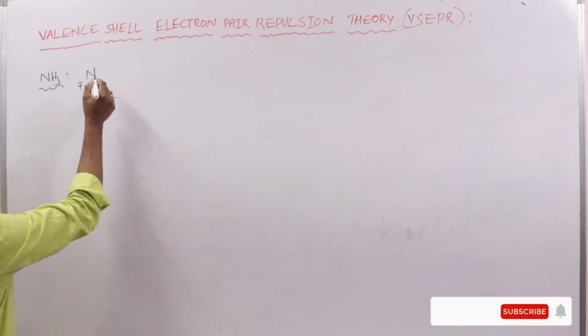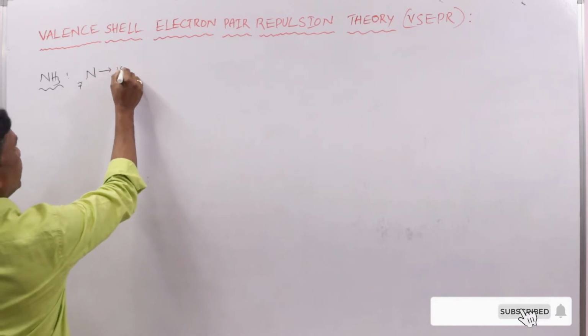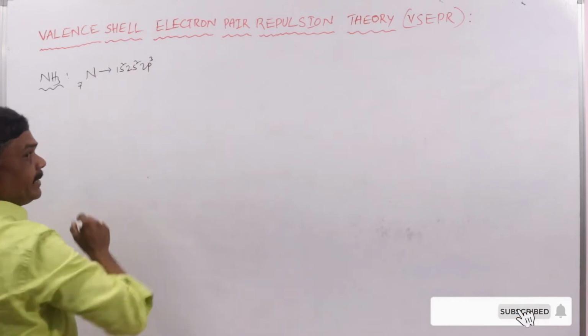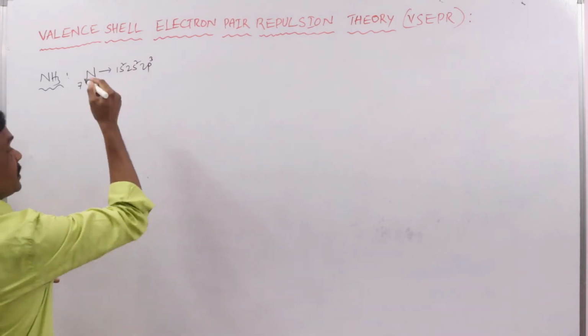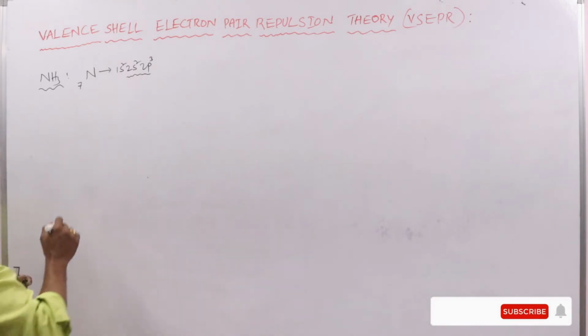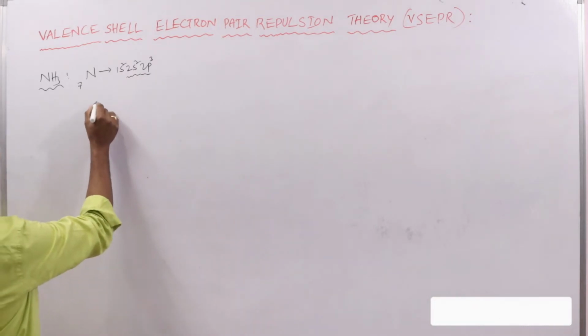We know that the atomic number is 7, and the electronic configuration is 1s2, 2s2, 2p3. So this 2s2, 2p3 is the valence shell electronic configuration.